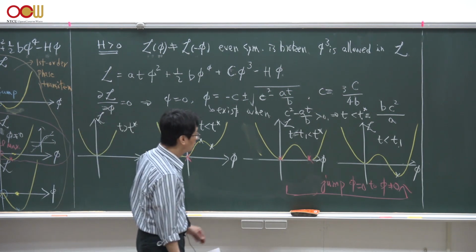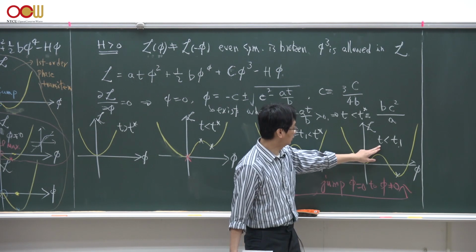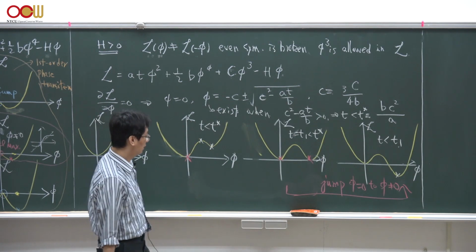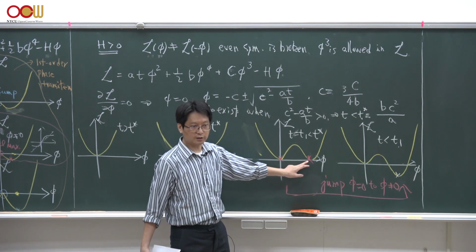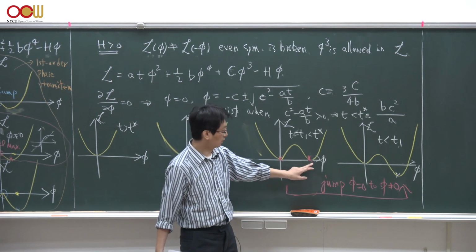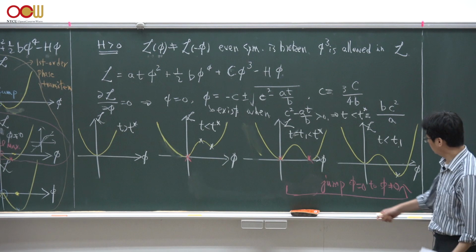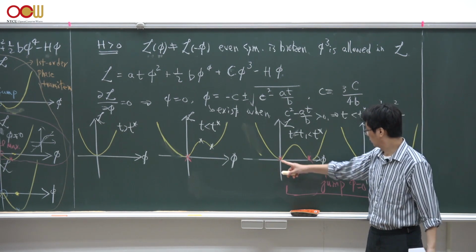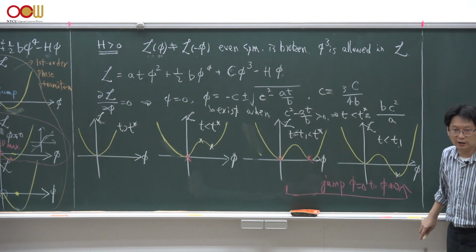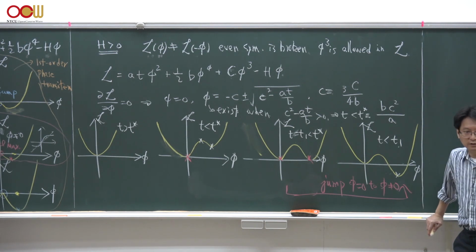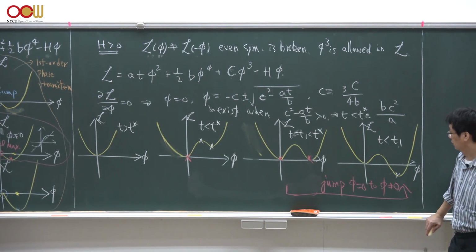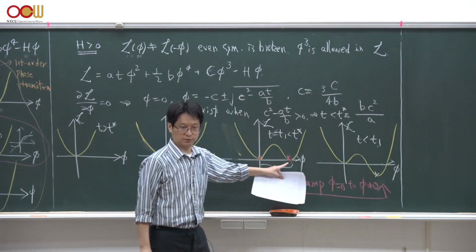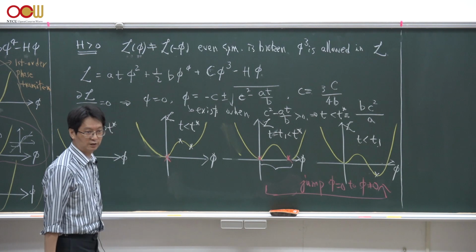But if you keep lowering your temperature to a temperature T1 or below, then the second minimum becomes the global minimum. So you can see that the global minimum suddenly changes from 0 to a finite value without any intermediate value, because the distance between these two dips is finite.